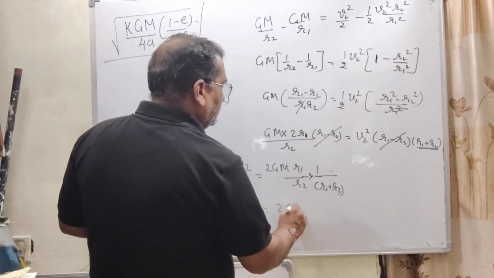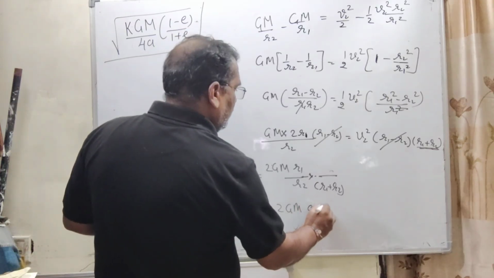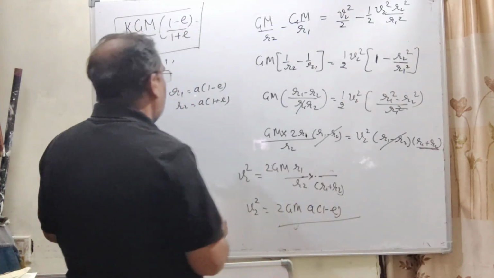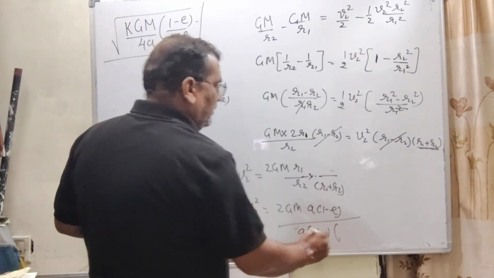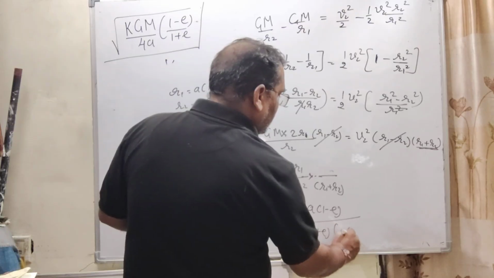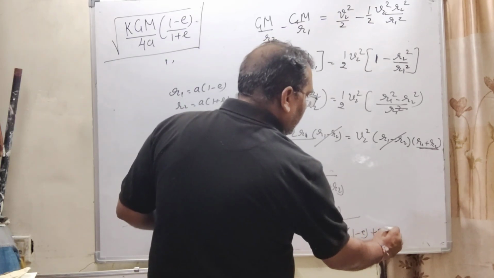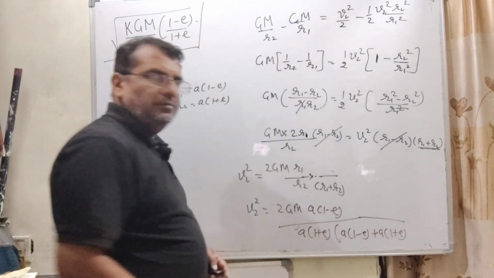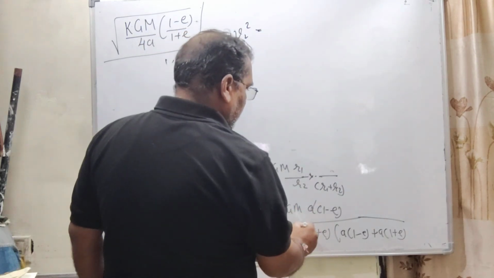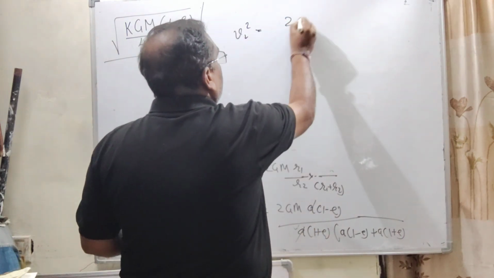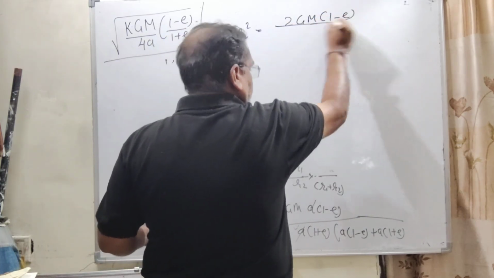Now substitute the values of r1 and r2 in this equation. What is r1? a into (1 minus e). What is r2? a into (1 plus e). And again a(1 minus e) plus a(1 plus e). Now v2 square: here a and a cancel out, 2 G M (1 minus e).